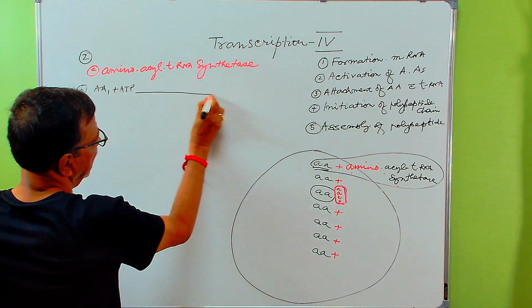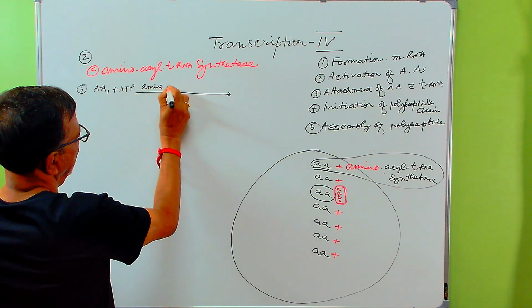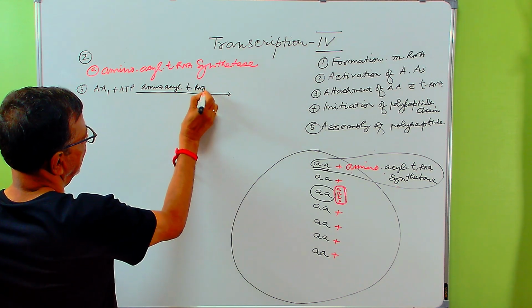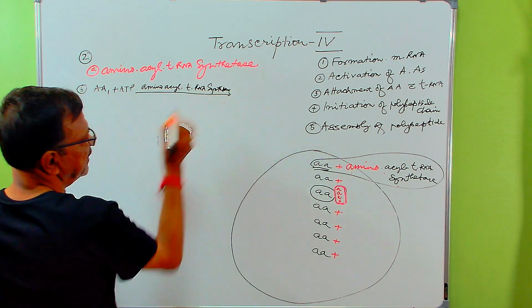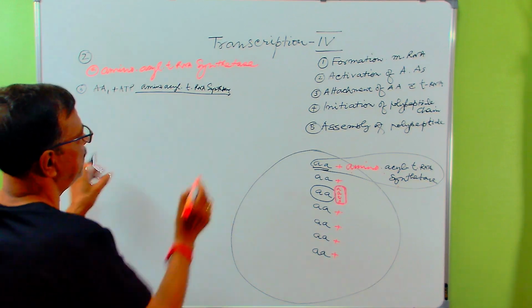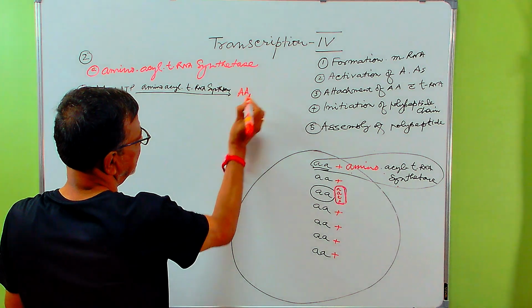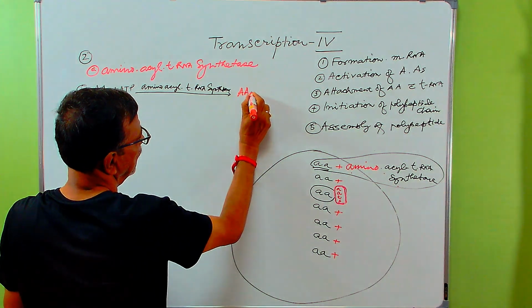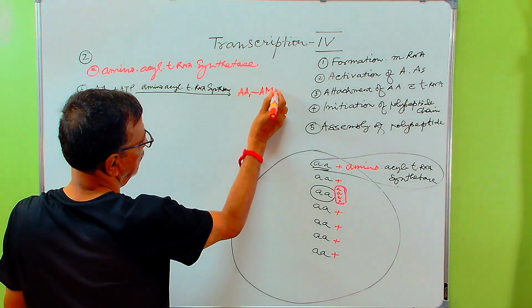Write in this way: amino acid, tRNA synthetase. What is produced? The amino acid gets active, and this ATP joins with AMP.